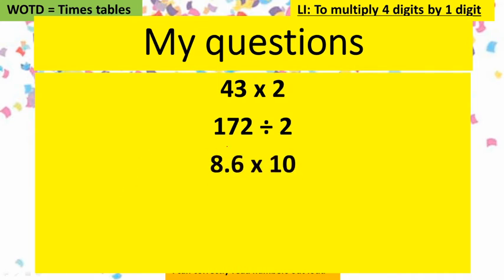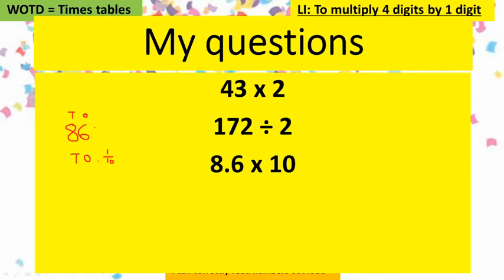I used what we've been working on with multiplying and dividing by 10, 100 and 1,000 to come up with this one. So all I did, I had 86 in my ones and my tens, and let's put these columns down here again, put my decimal point, put my tenths. I know that if I times by 10, everything moves to the left once.